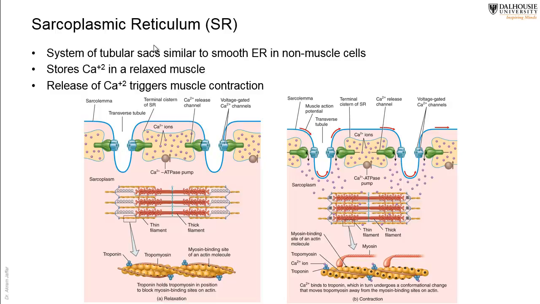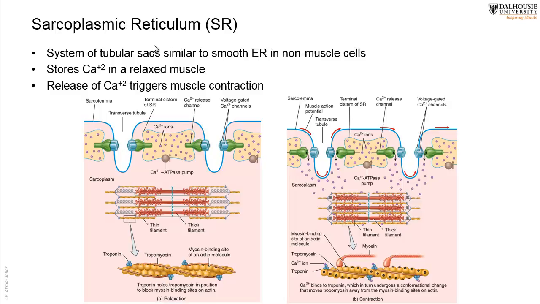And this calcium will result in what we call cross bridges between the thick filament and the thin filament. If you look closely at the thick filaments, they look like golf clubs. They have heads and they have handles.